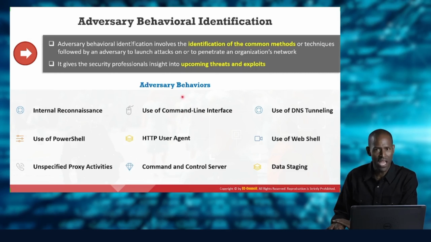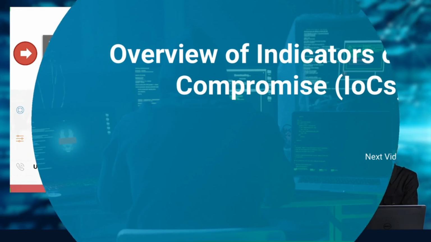These are the behaviors of an adversary. Somebody has control of an account or of a workstation, and they're trying to use that against you. So these are some very important behaviors to look for in a network to identify adversaries.